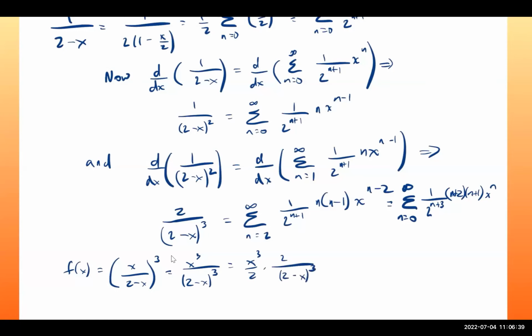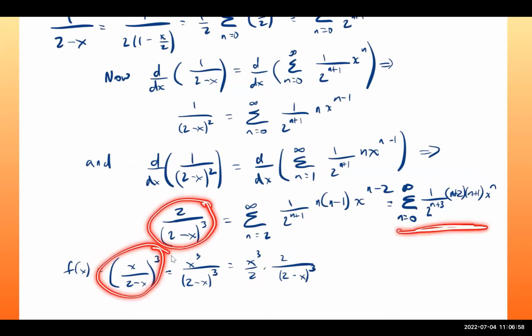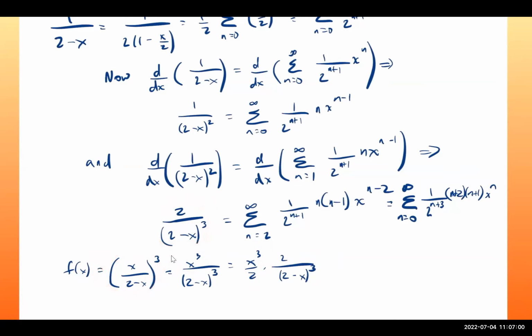So you just have to get a little creative by the way you represent this, because we want to use this. But you want to cancel the 2's out, so you have to put a 2 down below. And you still have the x cubed that you need, so there's your x cubed. So we're just being creative in the way that we write this, so that we can use this function, and therefore we can use a power series representation of it.